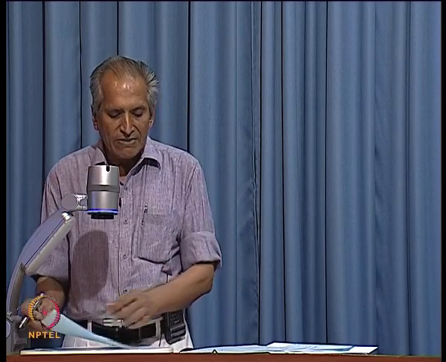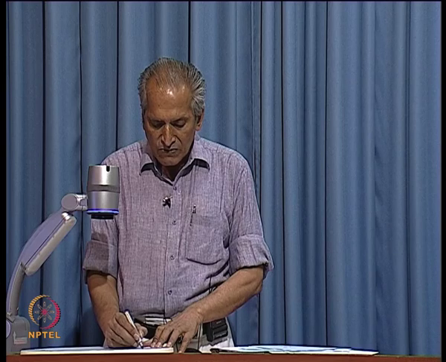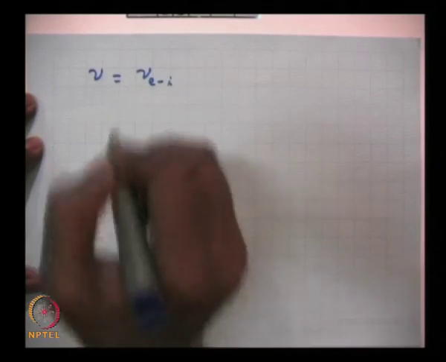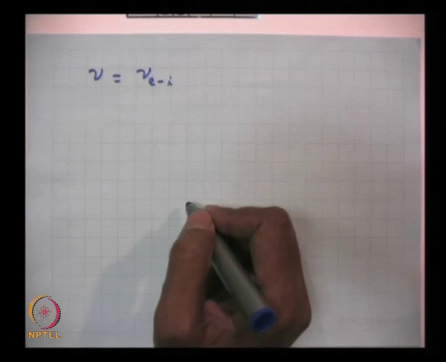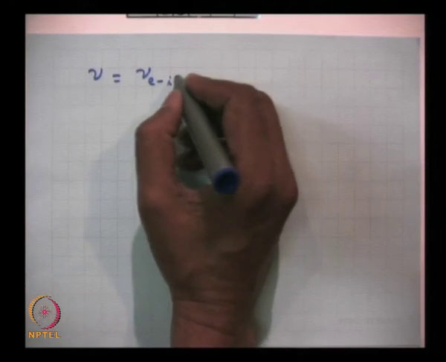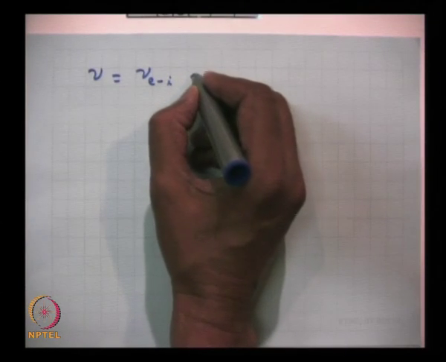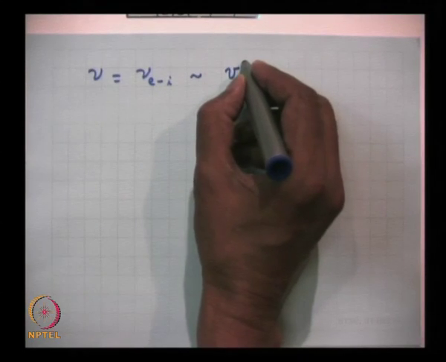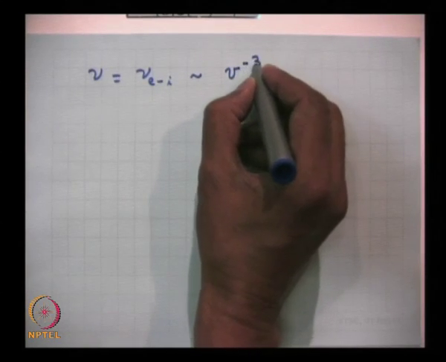So, let me examine the behavior of a strongly ionized plasma, where the collision frequency is between electrons and ions. As I mentioned to you, collision frequency scales as v to the power minus 3.